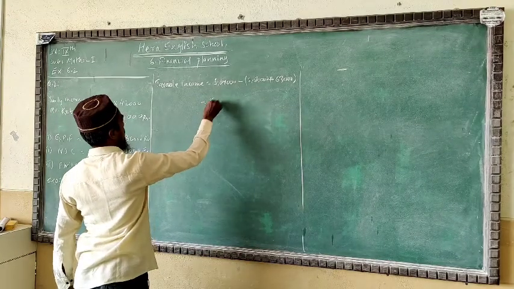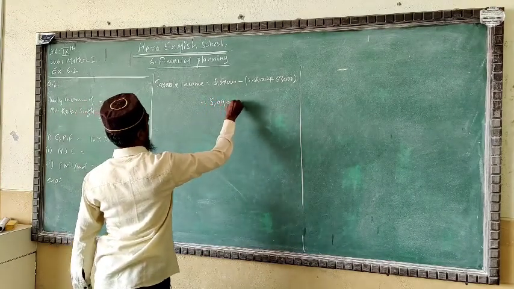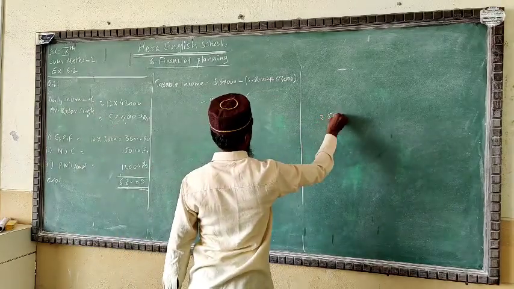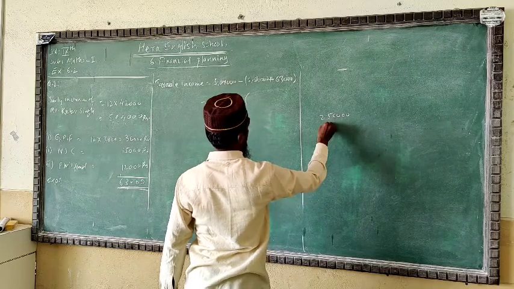So continue here, 5 lakh 4,000 minus, how much will you get here? See, 2,50,000 and 63,000.